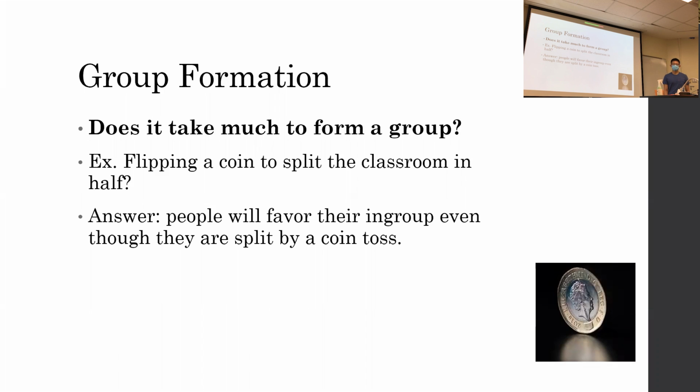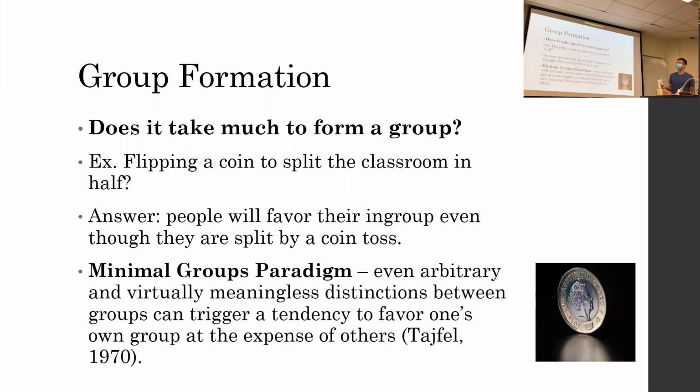Very simple. You don't need to share any values. It's very arbitrary. This is based on the minimal groups paradigm, and it suggests that even arbitrary and virtually meaningless distinctions between groups can trigger a tendency to favor one's own group at the expense of others.